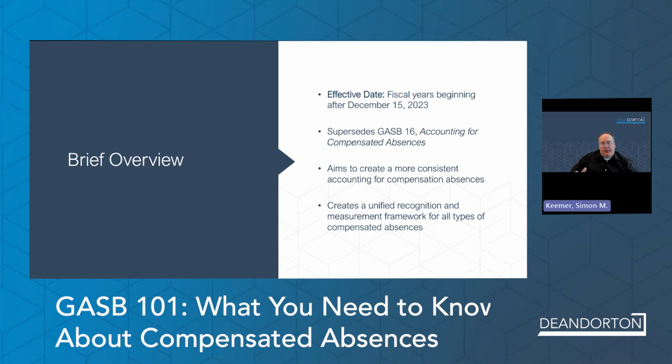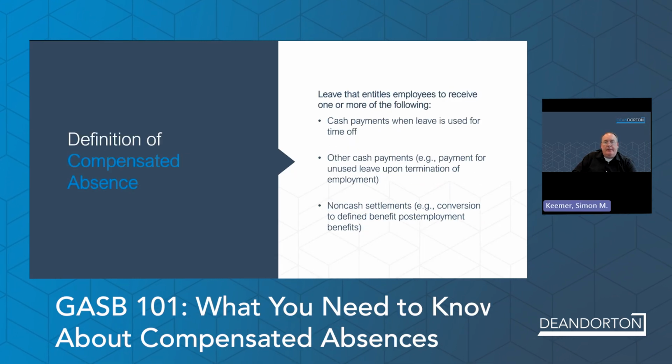So the big picture, what the GASB was aiming to do with 101 was to create a more consistent accounting for compensated absences and to create a unified recognition and measurement framework for compensated absences in a more general term, rather than looking at individual types of compensated absences and creating rules for each type of absence.